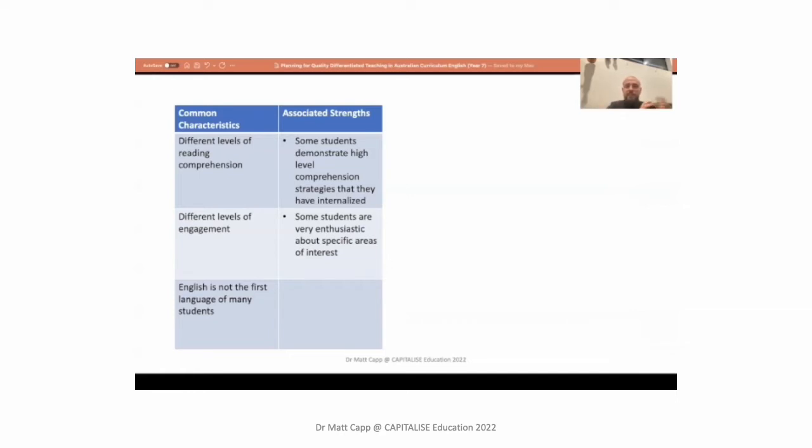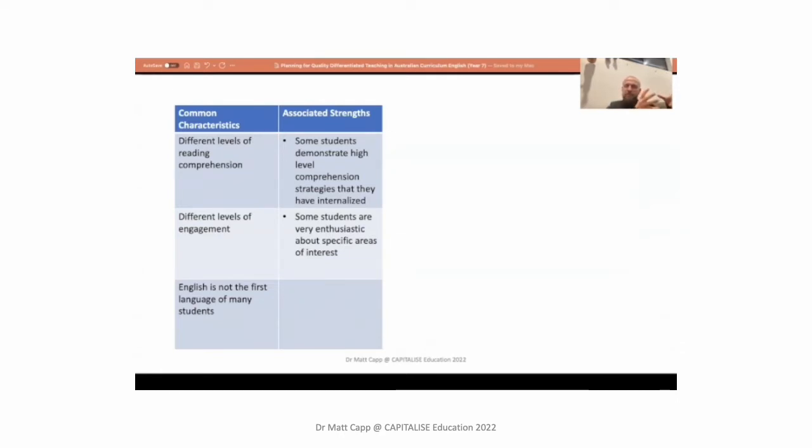In relation to English as a second language, I couldn't think of any associated strengths, but we can. It's really important to start with those strengths, because if we always focus on the negativity, there's a tendency to spiral into a negative mindset.